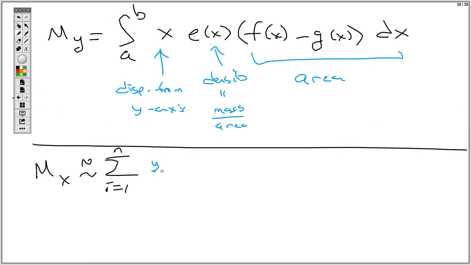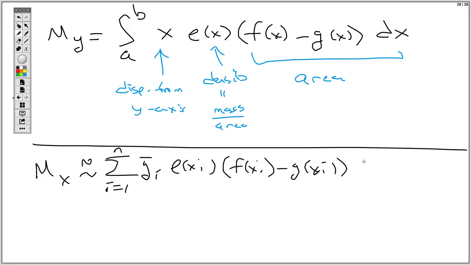So this would be y sub i bar times rho of x sub i times f of x sub i minus g of x sub i delta x sub i.